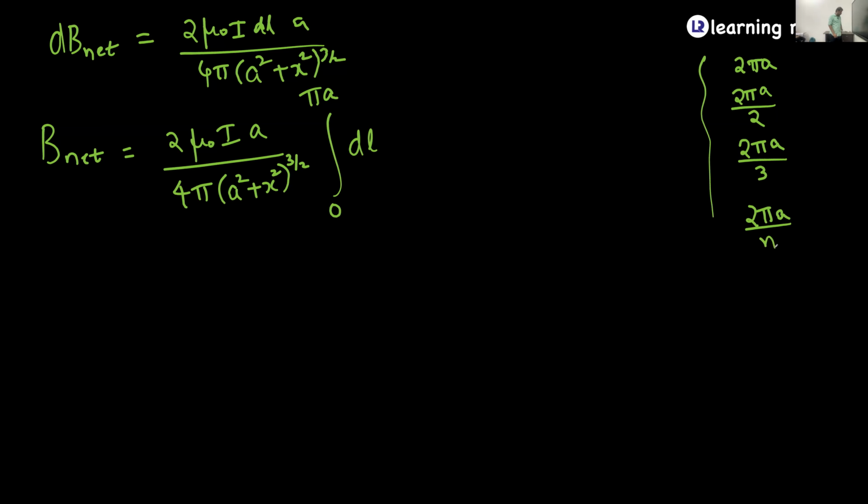Okay. So after this, what you will do is, this will be 2 times mu naught I into A divided by 4 pi into (A square plus x square), the whole power 3 by 2. The integral of dL is L itself. Substituting the upper limit, you get pi A, and substituting the lower limit, you get a 0. So pi A minus 0, close it.